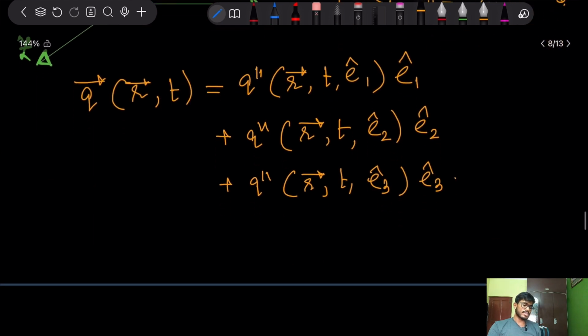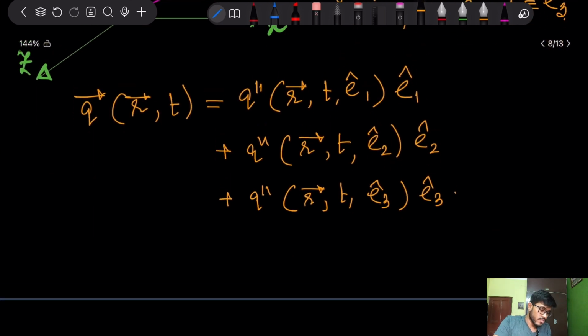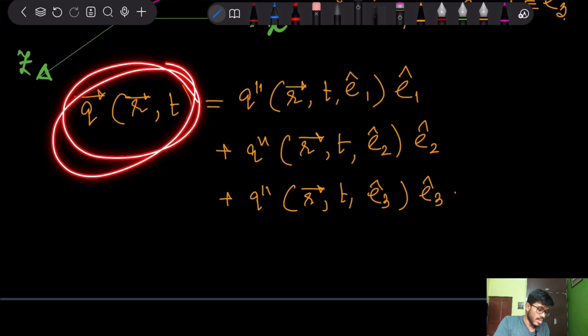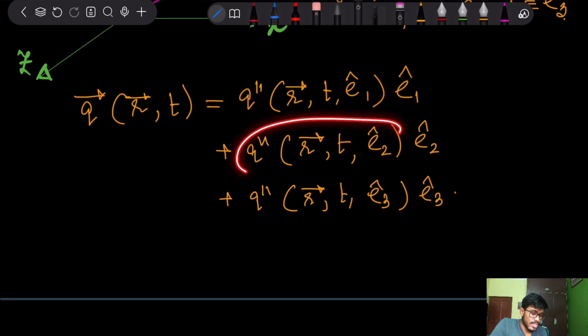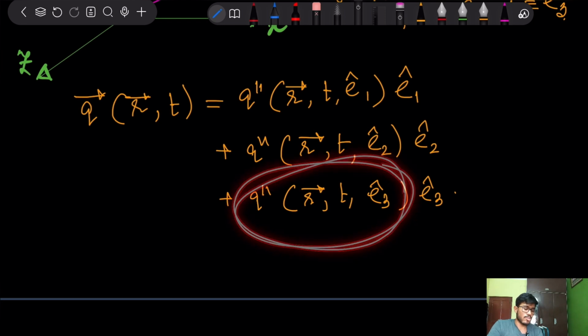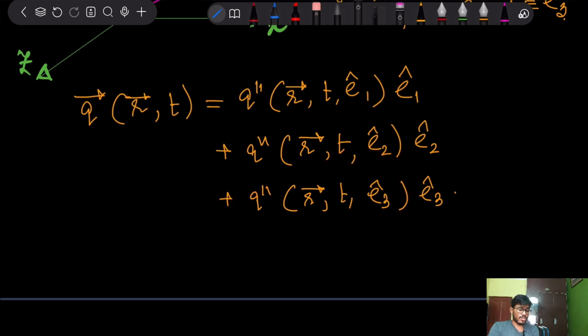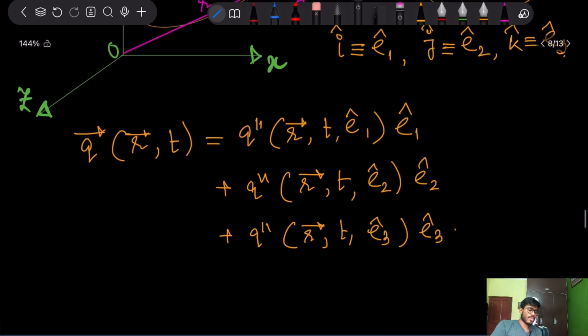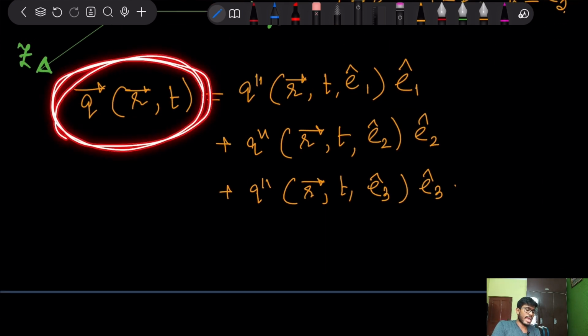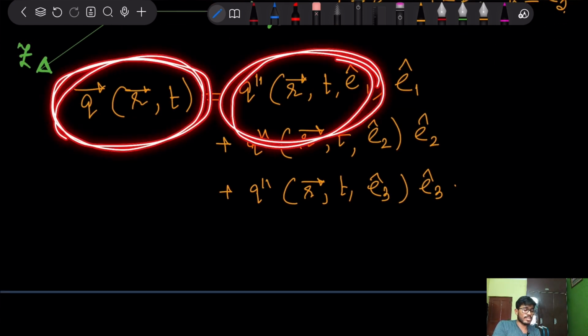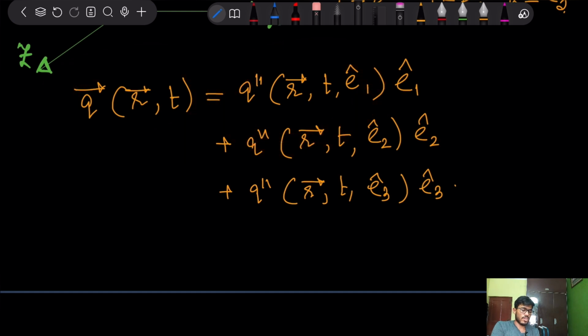Okay, so this is a vector, and this is the x component of that vector, this is the y component of that vector, and this is the z component of that vector. Now you see, that means this heat flux vector and heat flux at a point are related.